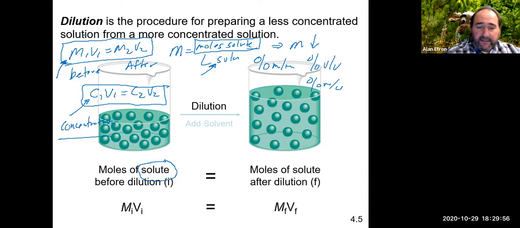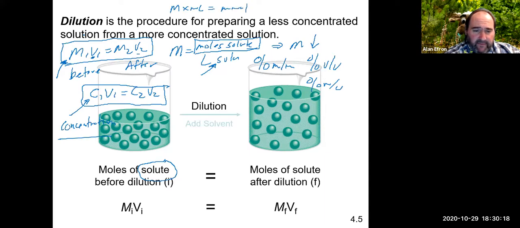Now, with this equation, you don't necessarily have to convert the volume into liters. If you want to, you can. If you want to leave it in milliliters, it's okay, as long as both volumes here are in milliliters. That is because if you multiply the first molarity by milliliters, you will get millimoles.